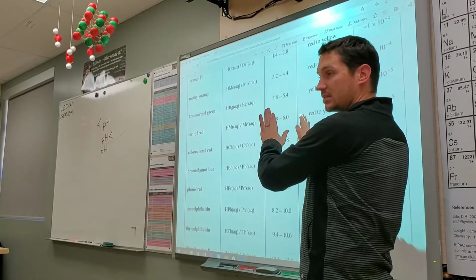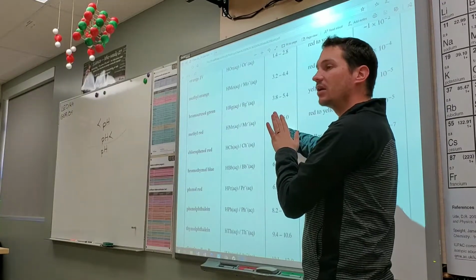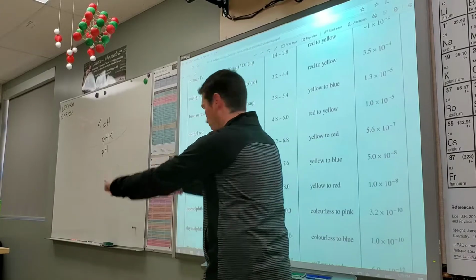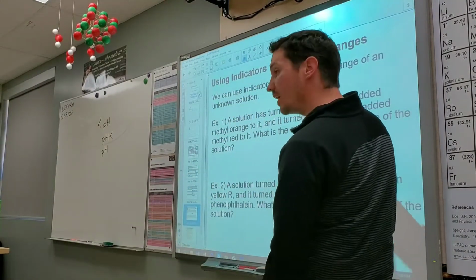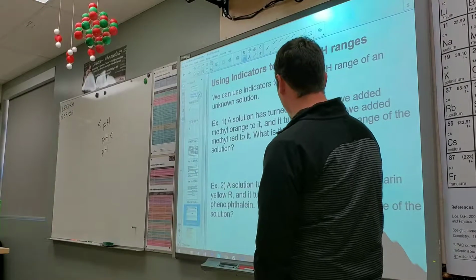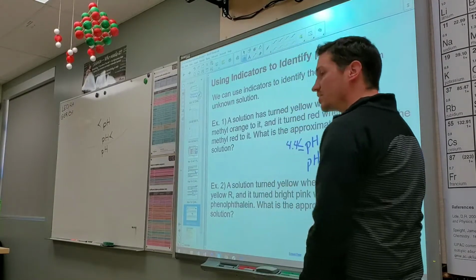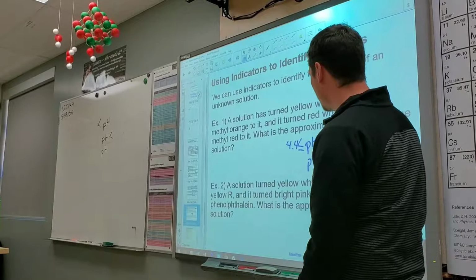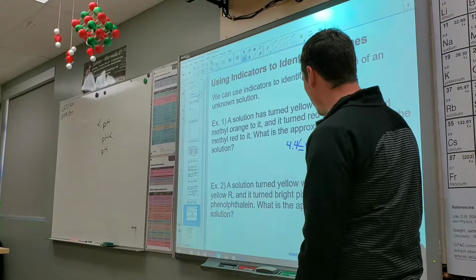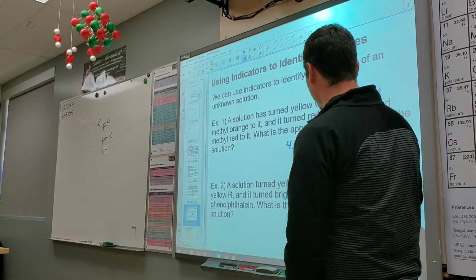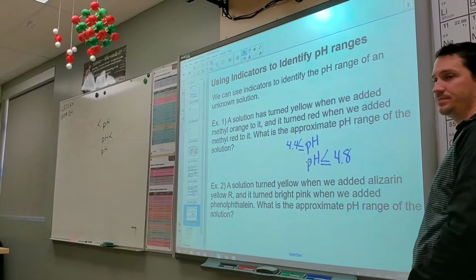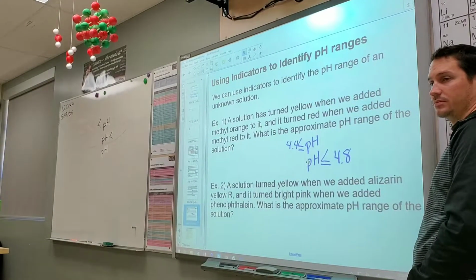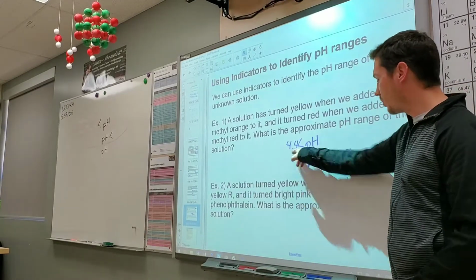We can be 4.8 or anything less than 4.8. Does that make sense? So with another indicator, my pH has to be less than or equal to 4.8. So what's the pH range of my solution? It has to be in between 4.4 and 4.8.